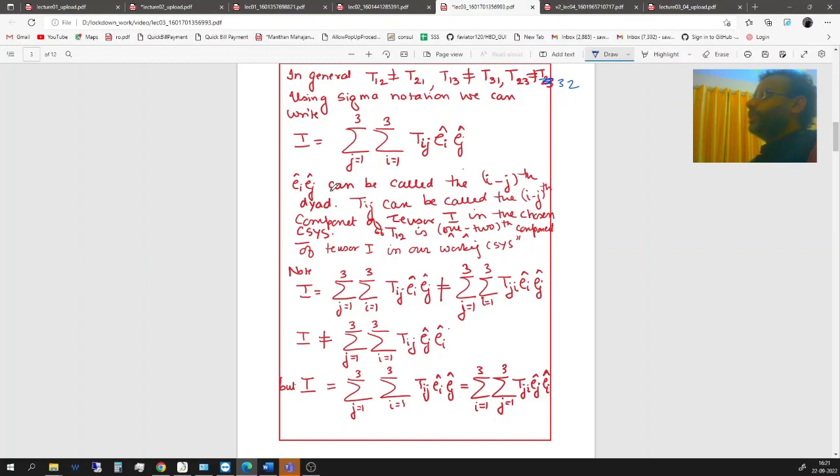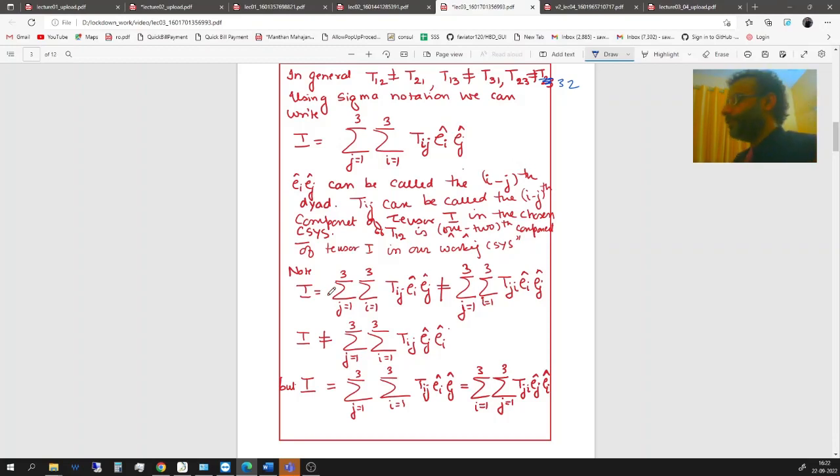Here both i and j are important, so I have to create this kind of a new word, that Eij is the ijth dyad. Now Tij can be called the ijth component of tensity in the chosen coordinate system, right? Alternatively, rather specifically for T12, I will call that the 1-2th component of tensity in our working coordinate system.